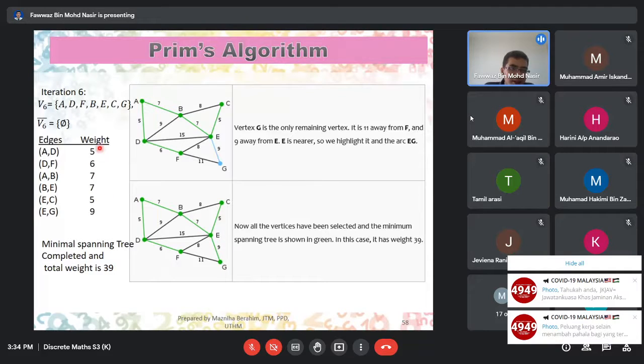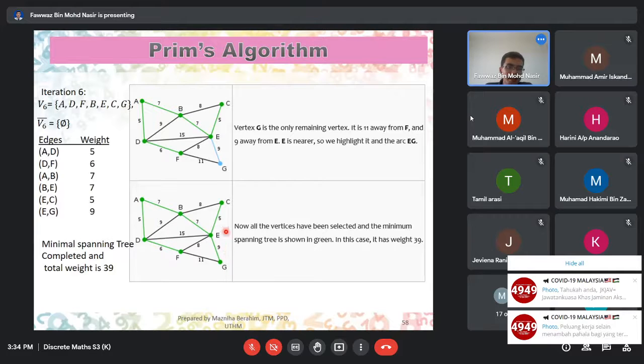Okay, so kita boleh calculate dia punya total weight. Total weight dia is the weight of all edges yang kita color dengan warna hijau. So kita dapat 39.